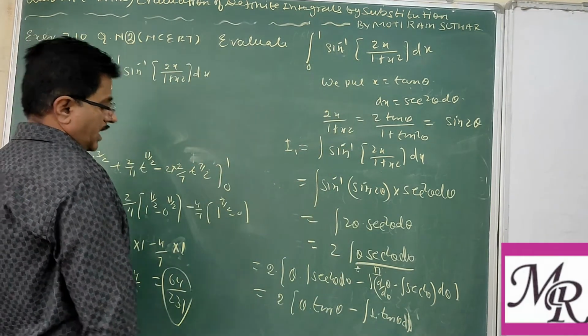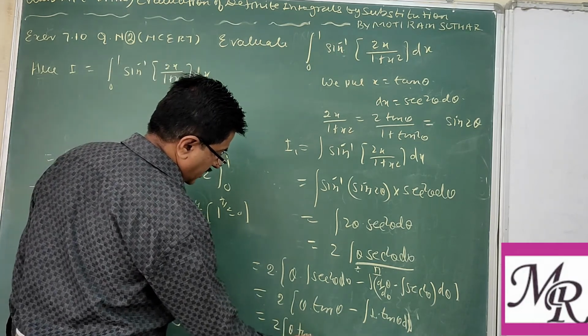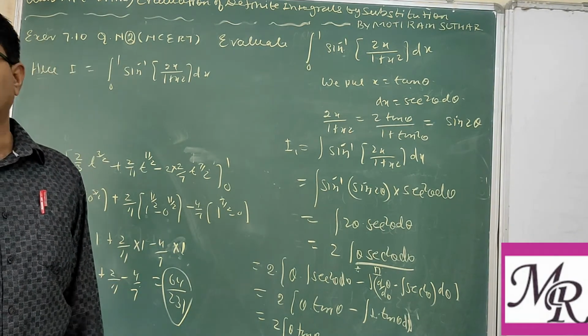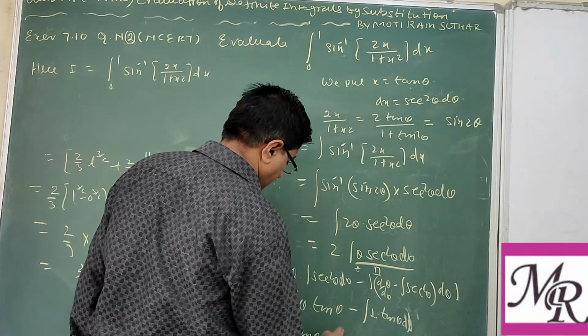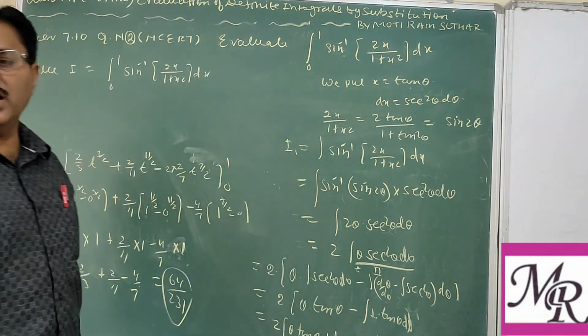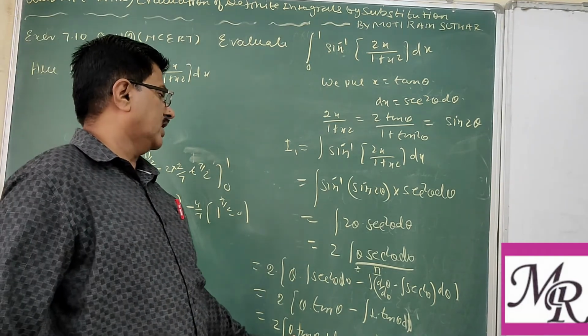So again, 2 into theta tan theta minus, and integration of tan is minus log cos theta. So minus minus plus log cos theta. So this is the integration according to the new variable.